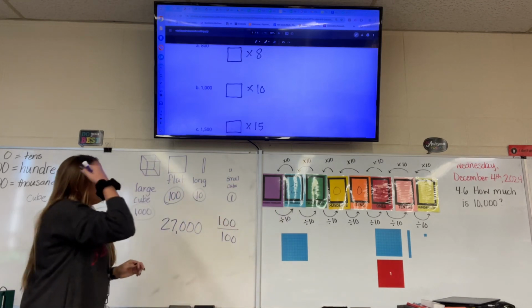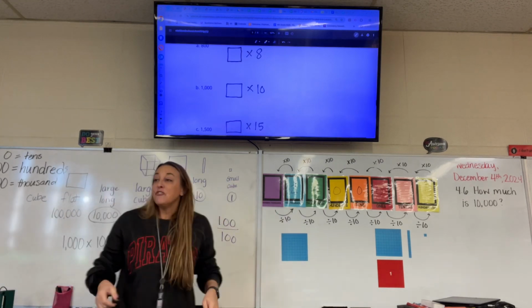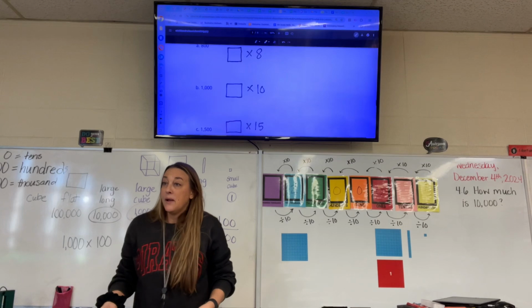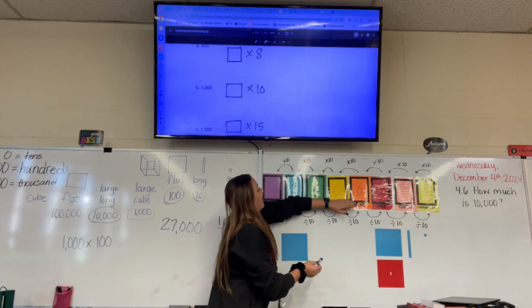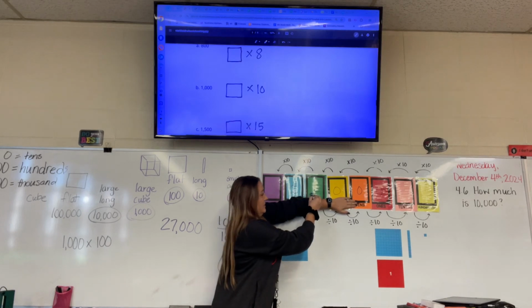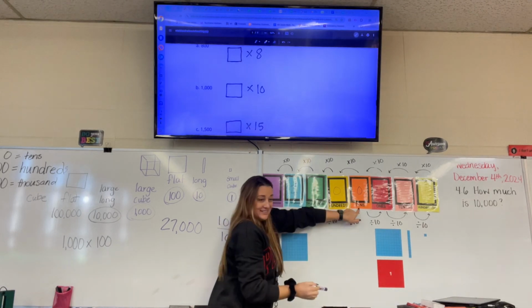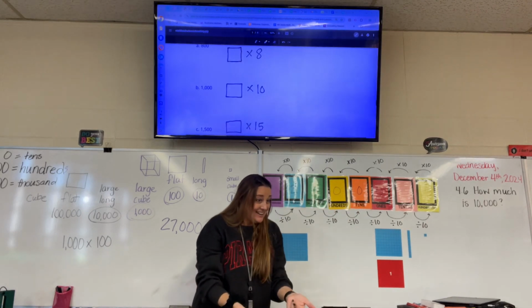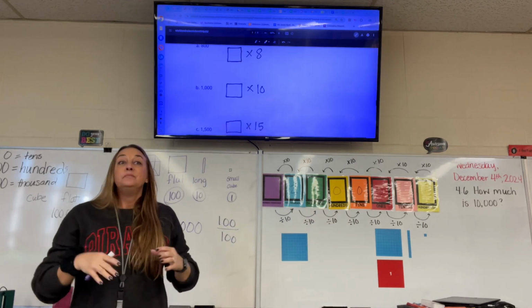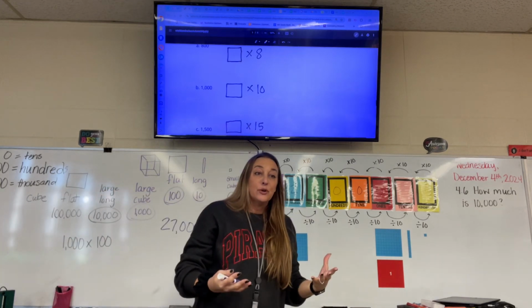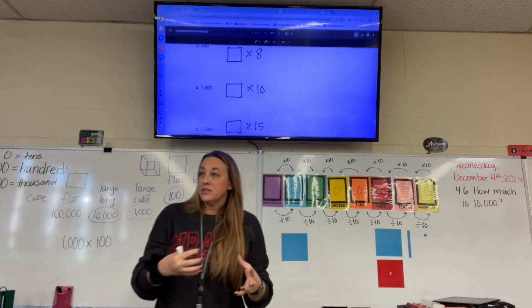Okay. So 270 hundreds. What if you only had $10 bills? How many $10 bills would you need to take? 2,700. Yes, you getting it? Okay, so this is why I think place value is so cool. You can rename numbers in different amounts.